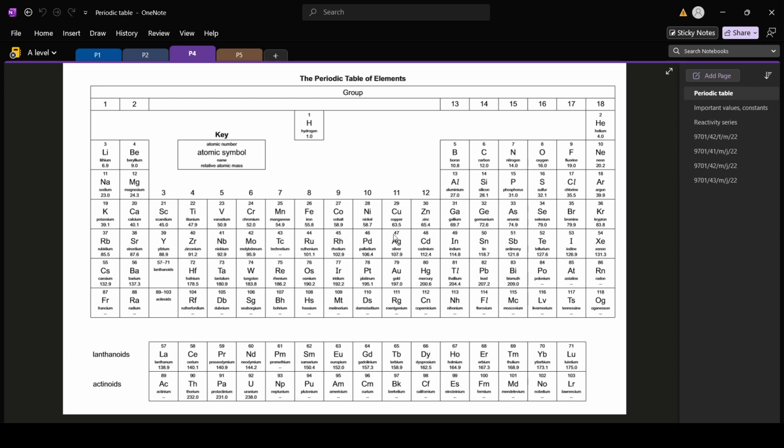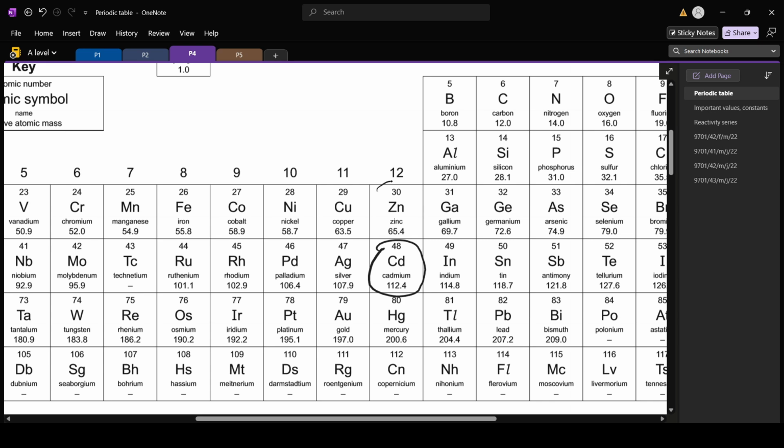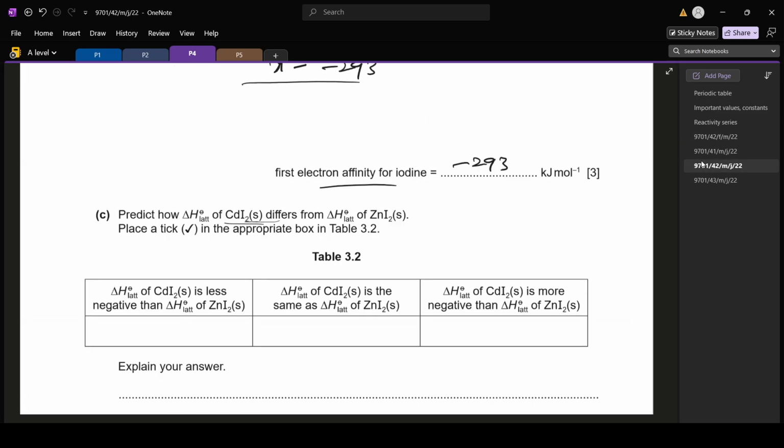If you see this symbol, yes, this is cadmium. If I zoom in, this is cadmium and this is your zinc. So predict how the lattice enthalpy of cadmium iodide differs from the lattice enthalpy of zinc iodide?